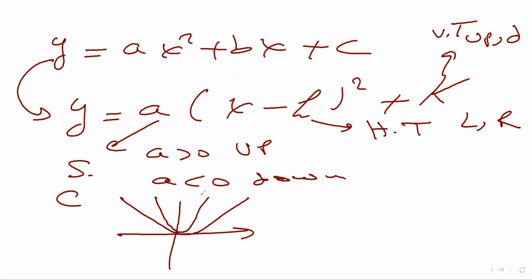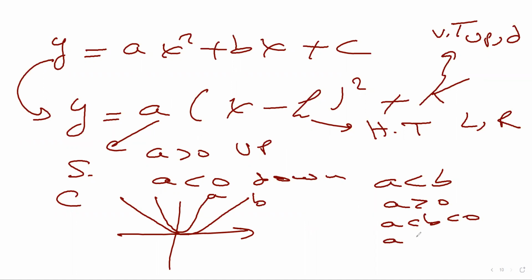This one is the graph for A, for example, and this one is the graph of B. Guys, they ask: A less than B, or A greater than B, or A less than B less than 0, or A less than B less than 0. What do you think, guys?